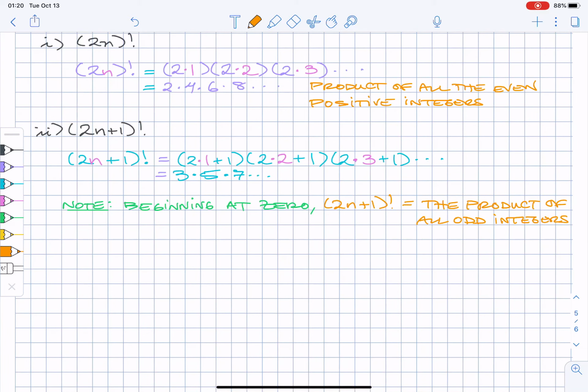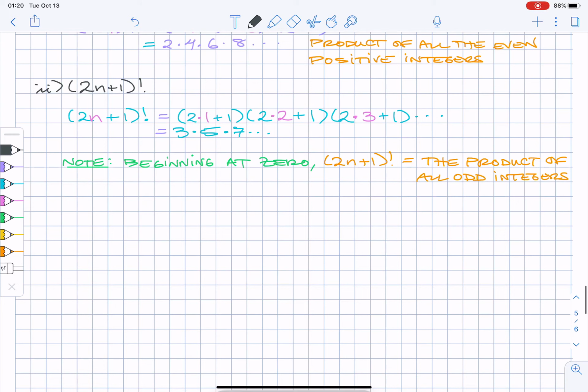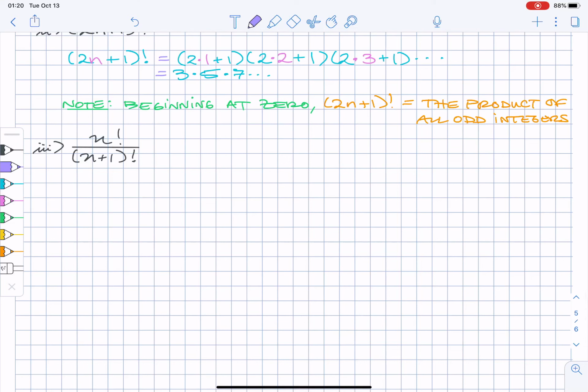Okay. Number 3. Let's say we have n factorial divided by n plus 1 factorial. Okay, so we have n factorial, actually let me do the n in pink, divided by n plus 1 factorial.